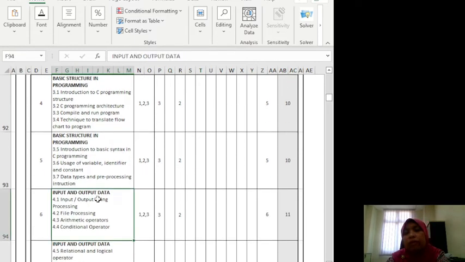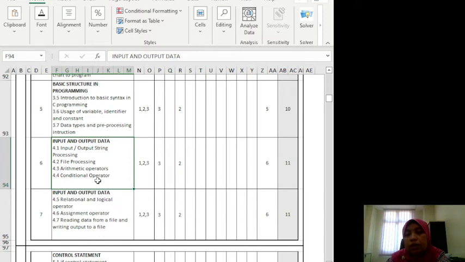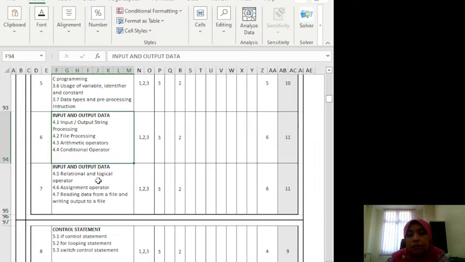Alright, and then we go to the next chapter, which is chapter 3, input and output data. Basically we will play with the input and see what the output is based on the things that we enter in the program, and then file processing, arithmetic: plus, minus, whatever, bahagi, tambah, tolak, and conditional operator.